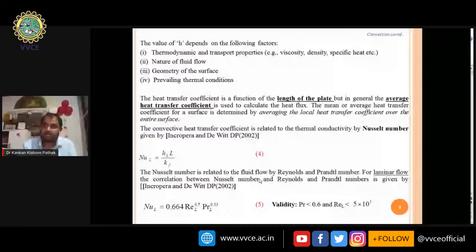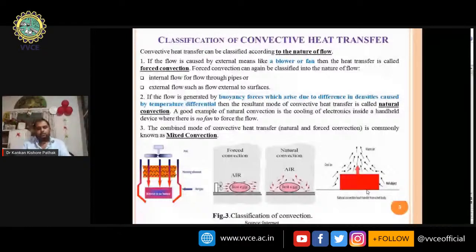Now, again, classification of convective heat transfer. Convective heat transfer can be classified based on the nature of the flow. If the flow is caused by external means like a blower or fan, heat transfer is called forced convection. Forced convection can again be classified into two: internal flow or external flow.